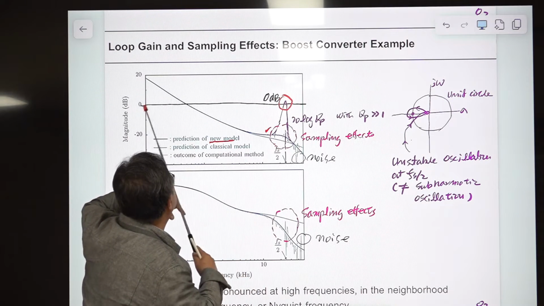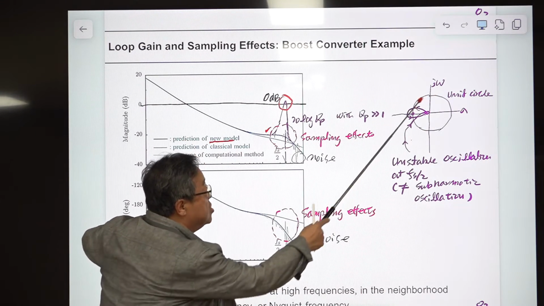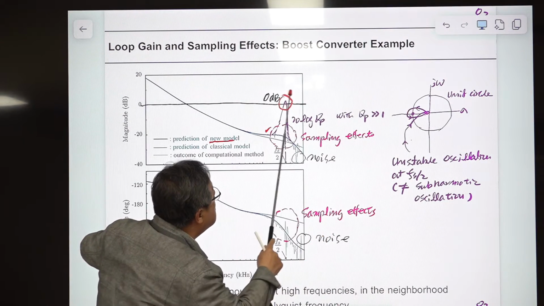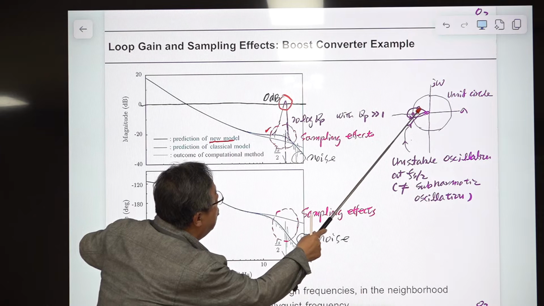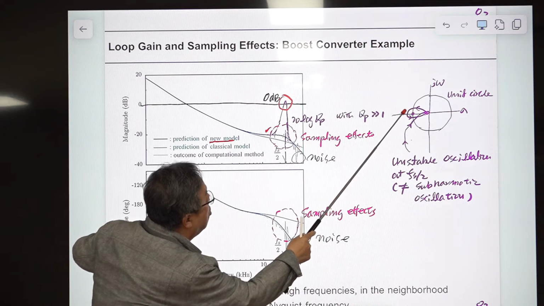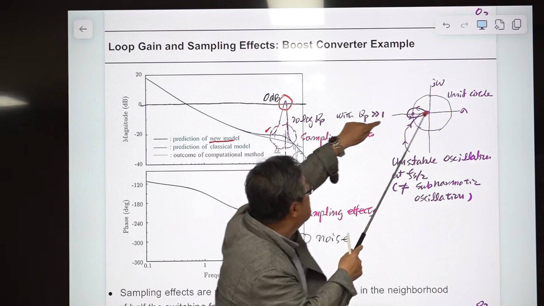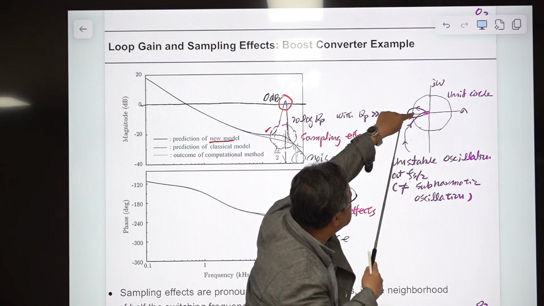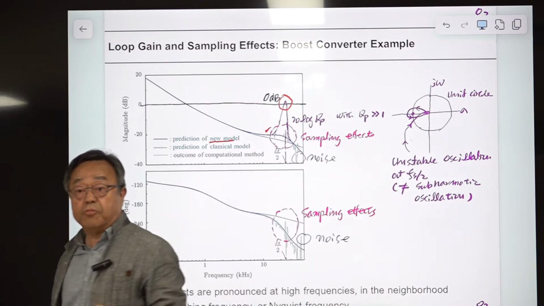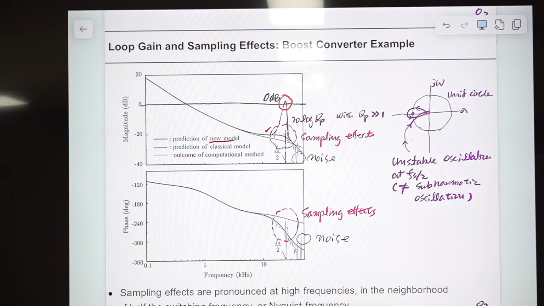That means this 0 is 1, 1 is the unit circle, so it goes in and comes out of this unit circle during this period, and the way it goes back to the origin, during that process it encircles this critical point. Then the converter is what? Unstable. That is the prediction or theory of Nyquist analysis.